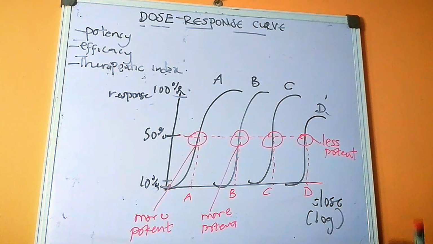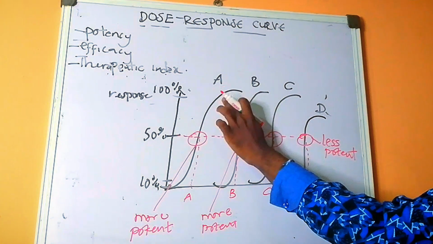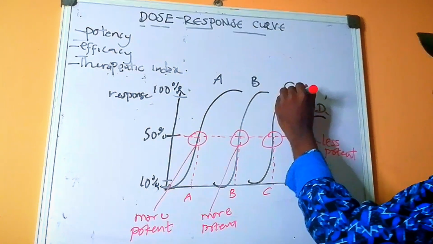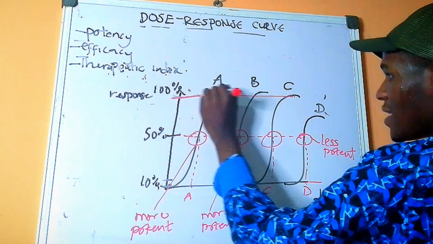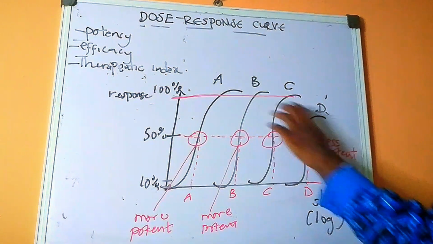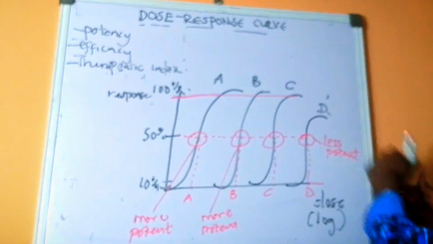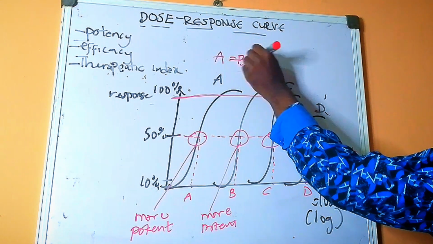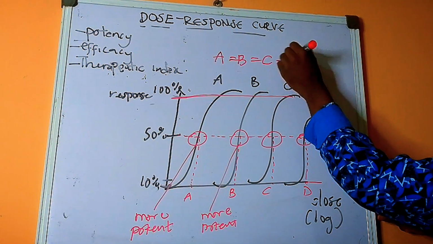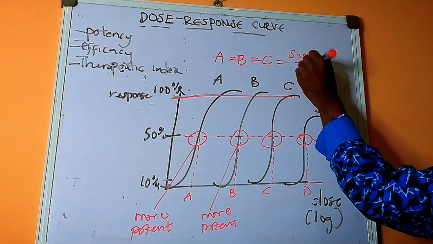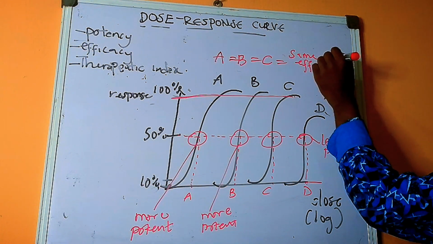If I ask again, which of these drugs is more efficacious? Now we can see that drugs A, B, and C have the same efficacy. A equals B equals C, they are equally efficacious.